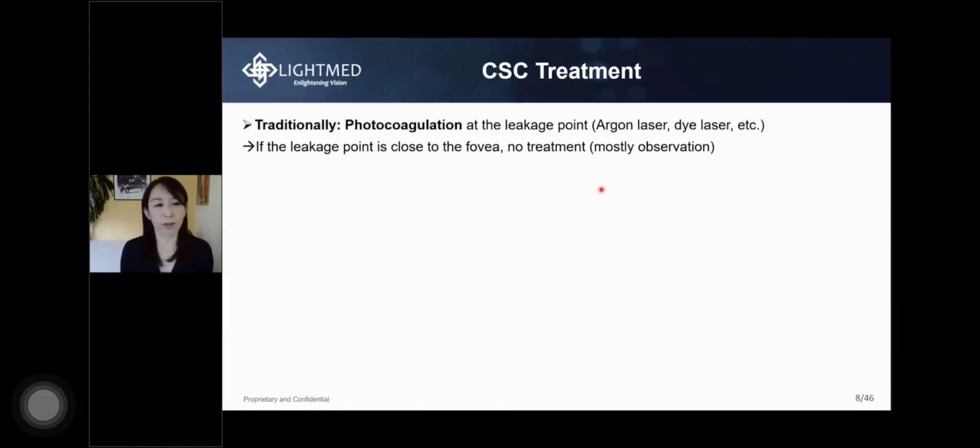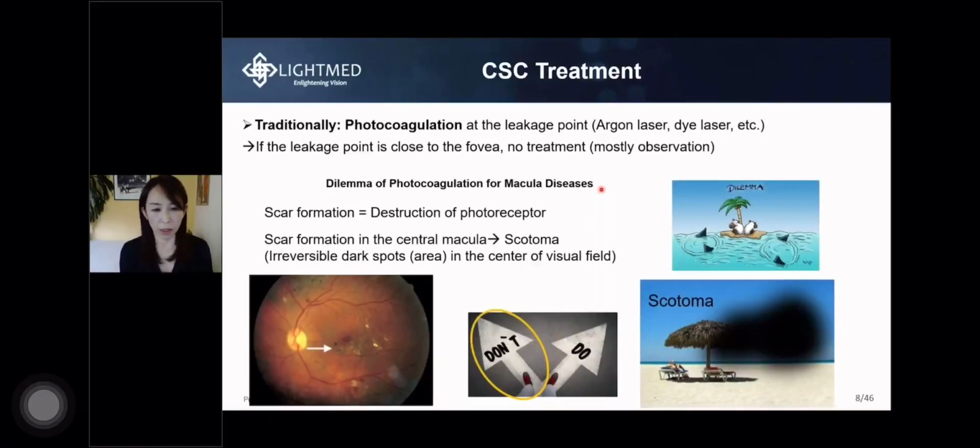So, treatment, we are getting closer to treatment. Traditionally, we always did photocoagulation at the leakage point, which we could find in the fluorescence angiography. But if the leakage point is very close to the fovea, in the center part, we didn't do anything, because photocoagulation means we see a very white spot.